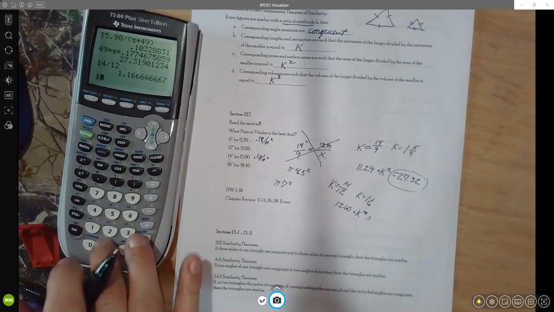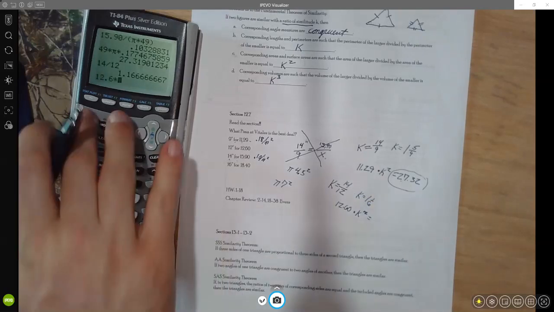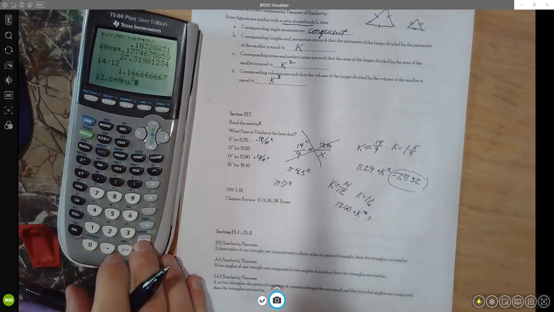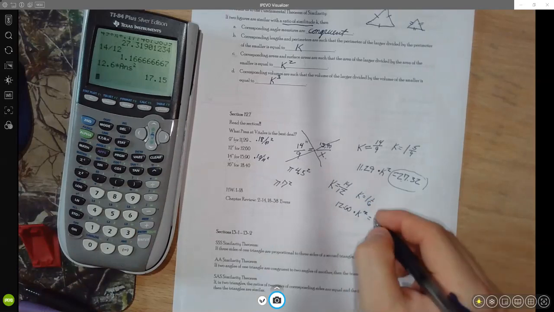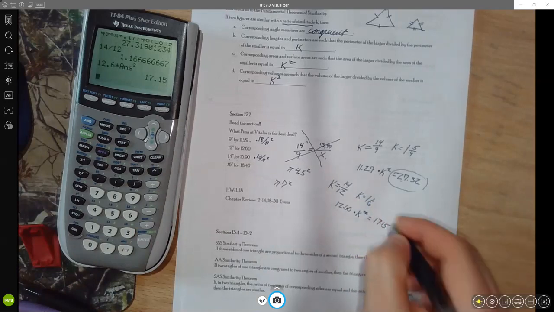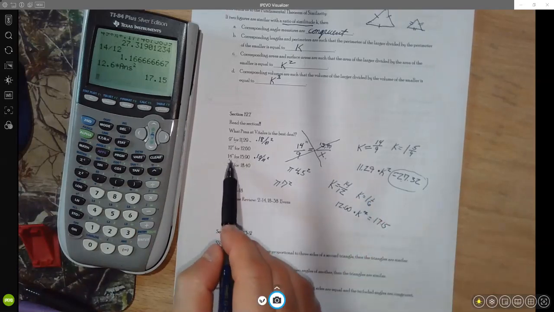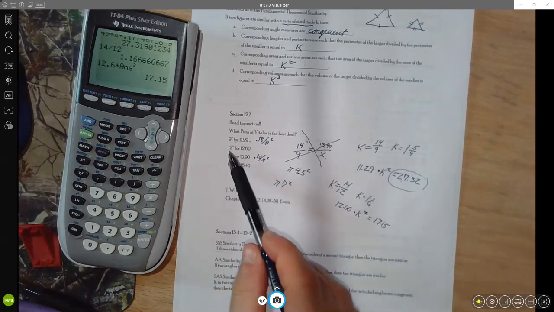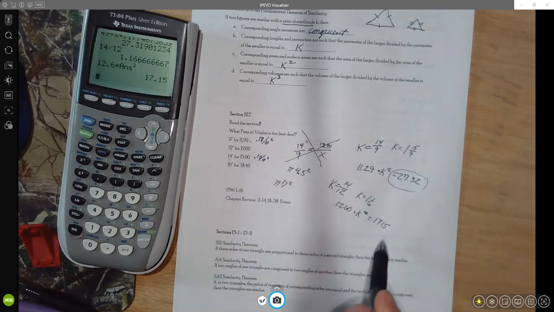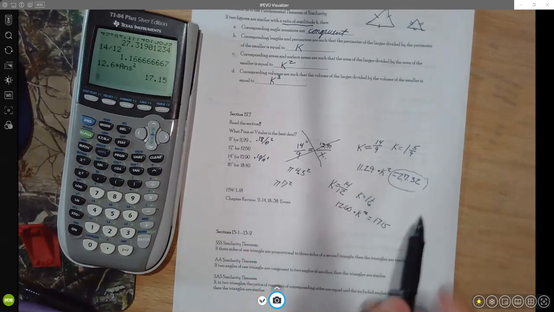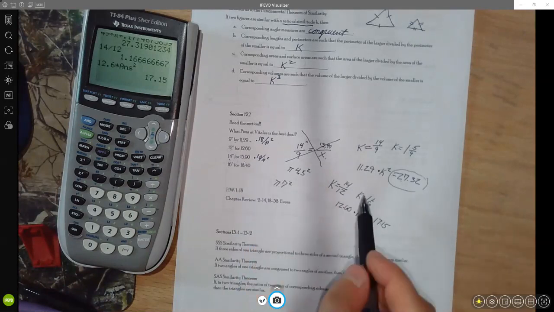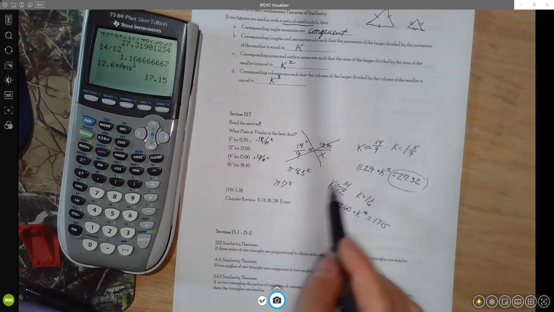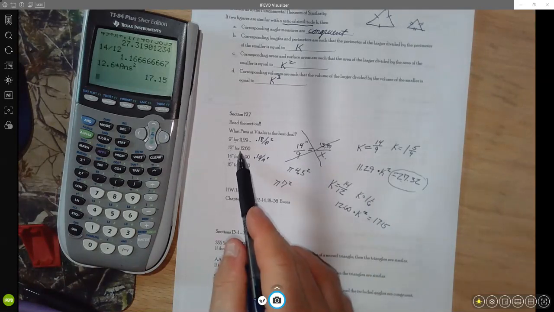I get $17.15. So that's saying if my 14-inch pizza was sold at the cost that they're charging per square inch for the 12-inch pizza, my 14-inch pizza would cost $17.15. And they charge $15.90. So again, that shows that the 14-inch pizza is a better deal than the 12-inch pizza.